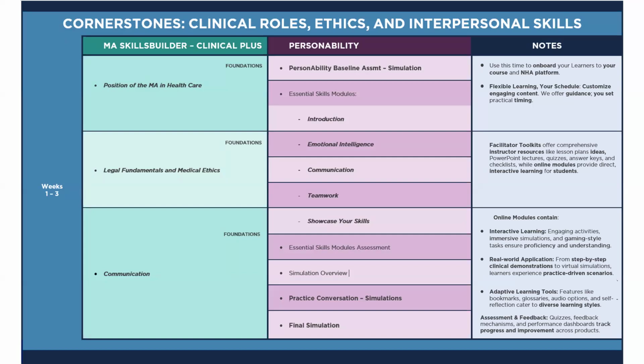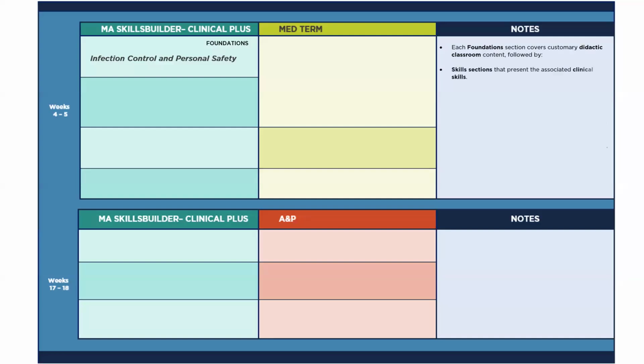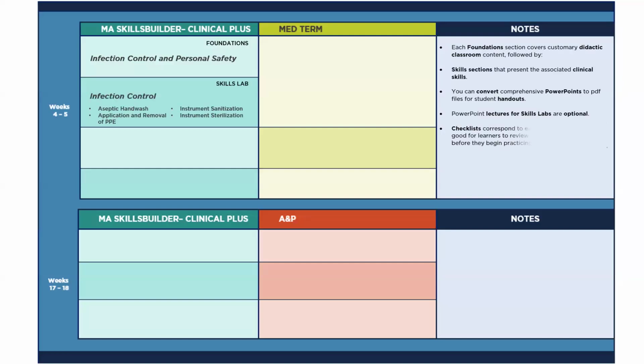Okay, so the next is an example of infection control and personal safety. So this is an example of a foundation section that covers customary didactic content, followed by a skills section, a skills lab.